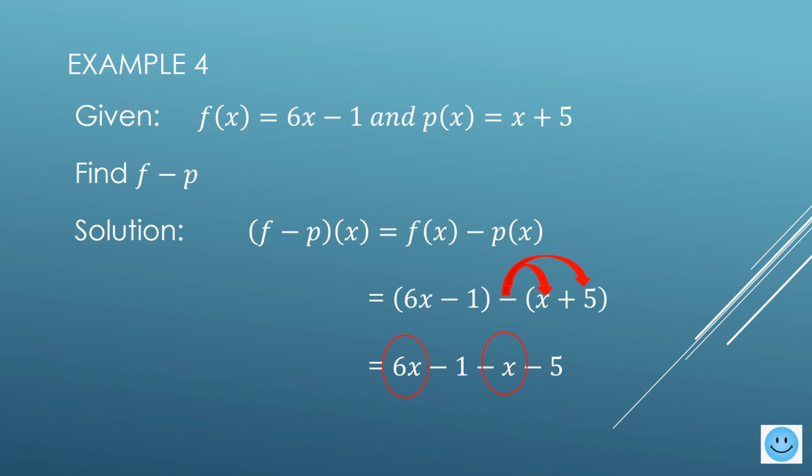So, unlike signs, we subtract and copy the sign of the bigger number. So that means 6x minus x is equal to 5x. And then we can also combine -1 and -5. Like signs, add and copy the sign. So -1 plus -5 is equal to -6. So we have 5x minus 6 as our final answer.